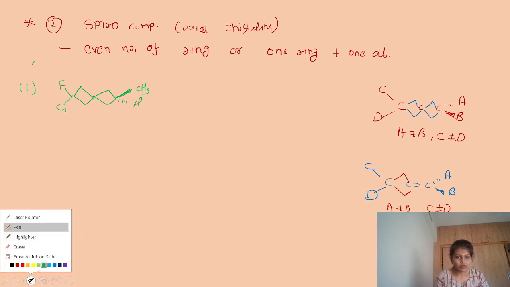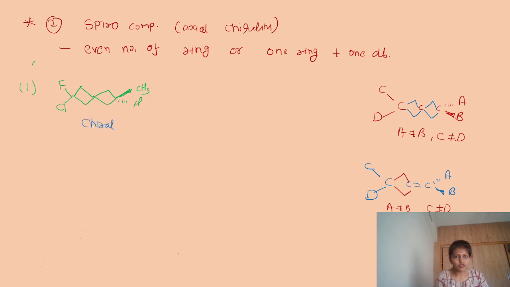First of all we have to check whether it is chiral or achiral. There is an even number of rings, Spiro rings, and A is not equal to B, C is not equal to D, so it is chiral. Then we have to find which chirality is present here. In a Spiro compound there will be axial chirality. So we have to start the axis from the planar system, and give the starting numbering from the planar system.